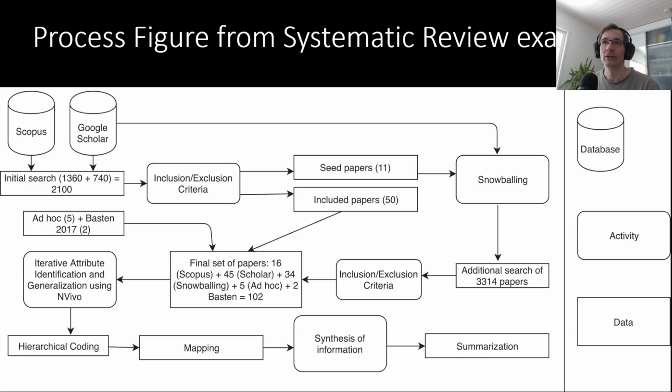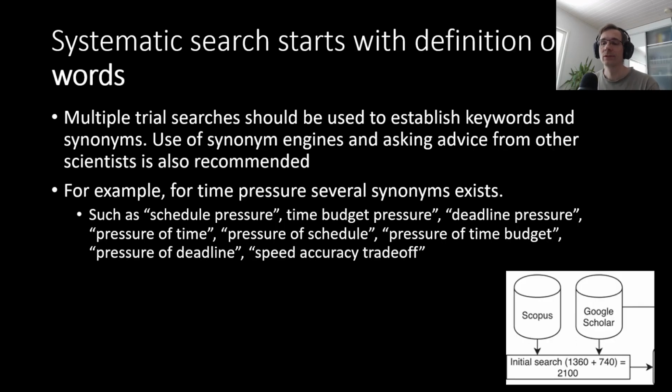had in traditional reviews. So, systematic search starts with the definition of keywords. There, multiple searches should be used to establish keywords and their possible synonyms. Use of synonym engines and asking advice from other scientists is also recommended in order to find all the synonyms for the search terms you are looking for.